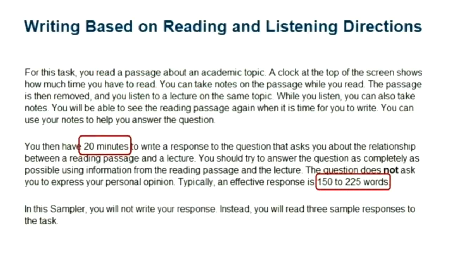You then have 20 minutes to write a response to the question that asks you about the relationship between a reading passage and the lecture. The question does not ask you to express your personal opinion. And you should write between 150 to 225 words.